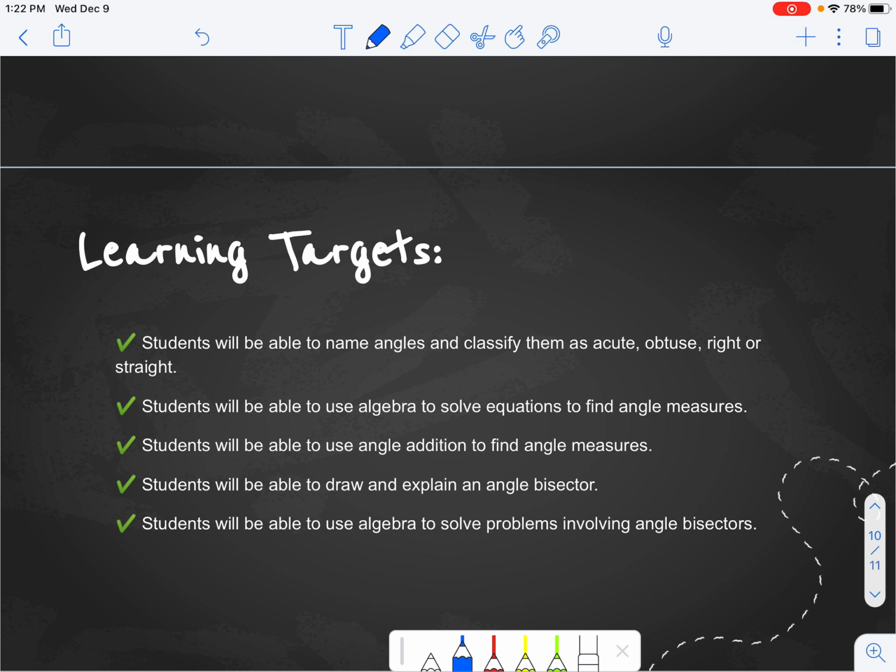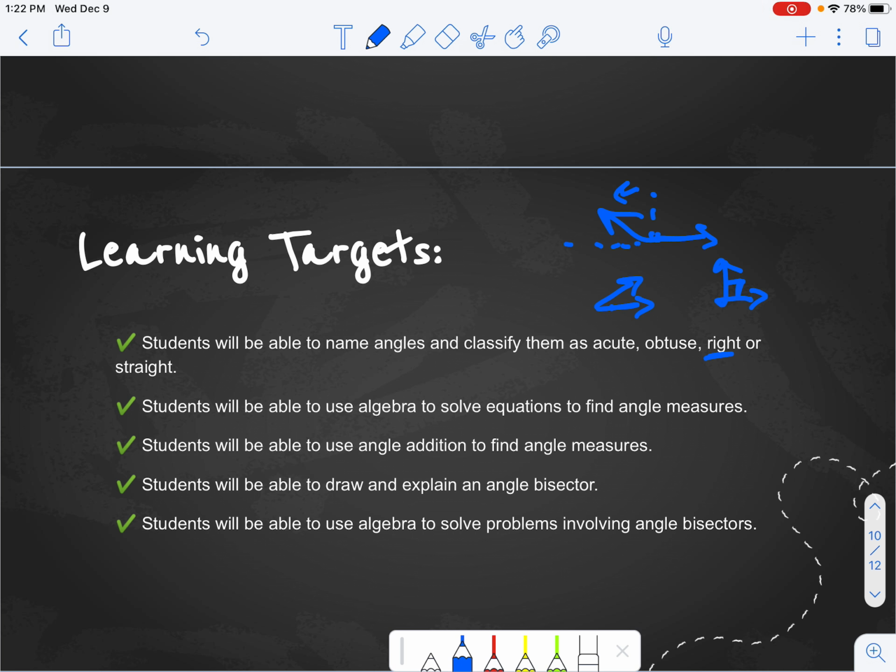So if we look at our learning targets, students will be able to name angles and classify them as acute. Remember, acute means it's a small angle. It's less than 90. Obtuse. Obtuse is huge, so we don't want to mess with it. It's more than 90, but it's less than 180.